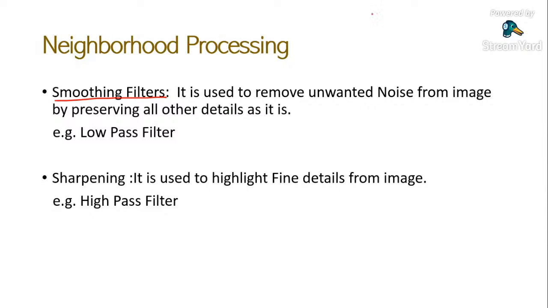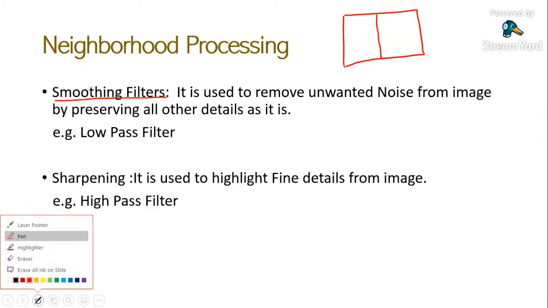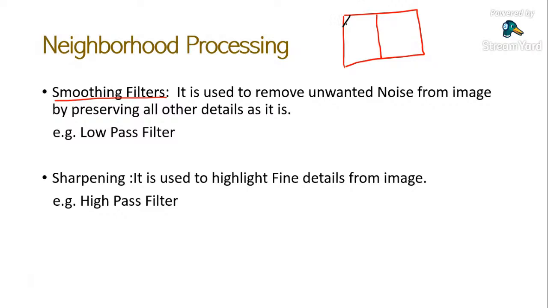Normally, whenever you consider an image, for example this image, where this is the black part and this is the white part, we are considering it as a spatial domain representation. In that case, the low pass region is the region where the frequency change is slow.